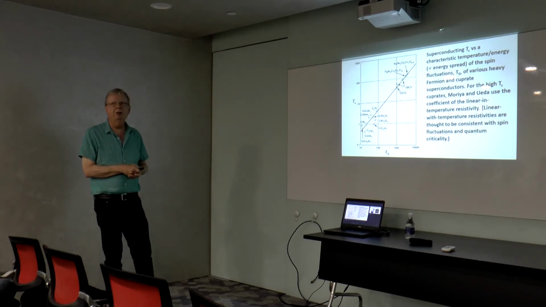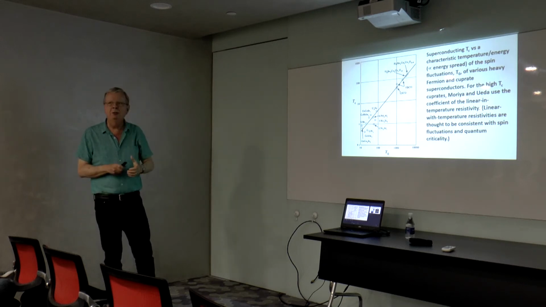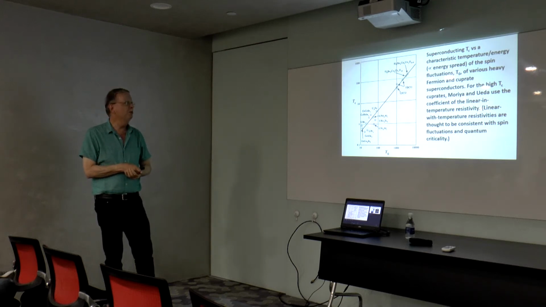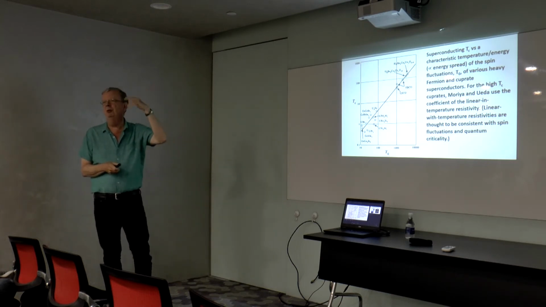Now, for those undergrads who need to be skeptical in your future careers, please notice that the vertical axis is a log plot. So when you see deviations from the straight line, like uranium platinum 3 is way down here and this line is way up here. If this were a linear plot, you'd say, oh, Professor Stewart, 20, 30, 40%, so what?